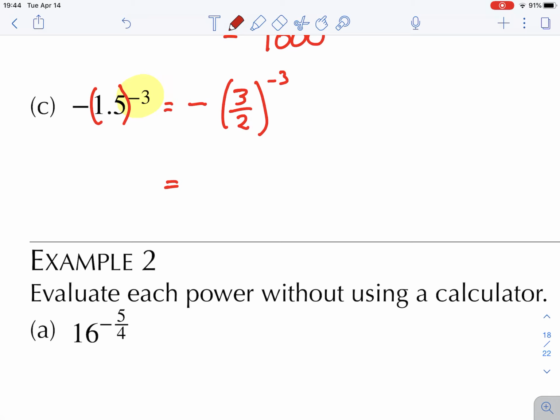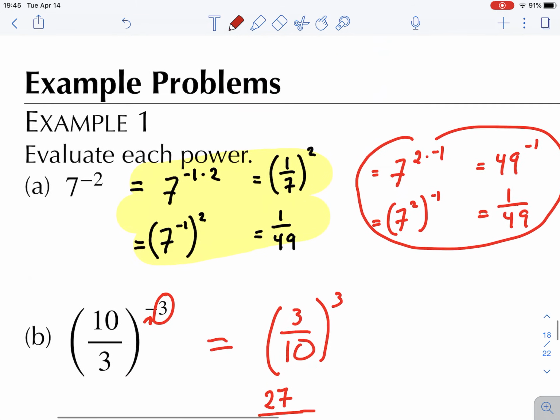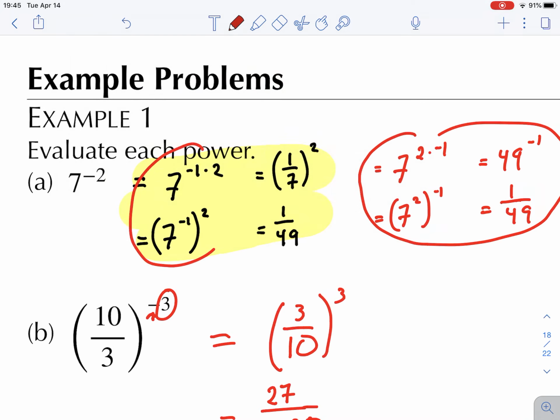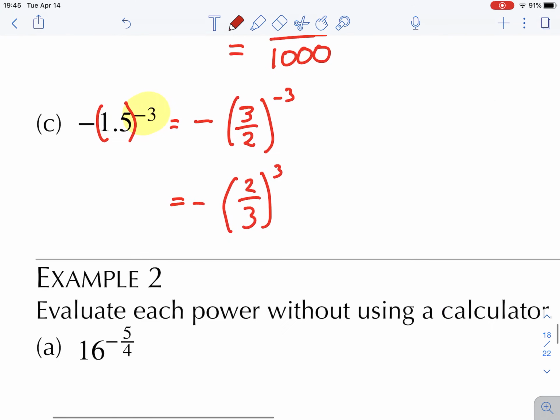Now, the negative sign on my exponent is going to tell me to take the reciprocal. So I take the reciprocal, 2 over 3 to the power of 3. The negative sign disappears. All I'm doing is this step up here, all quickly in one step. So the negative tells me to reciprocal it.